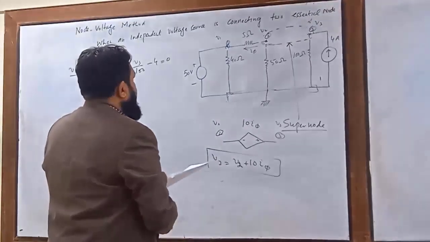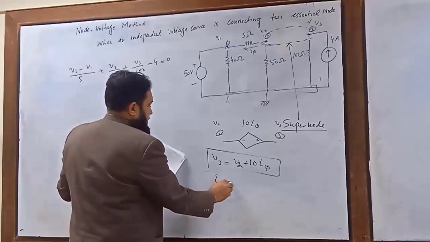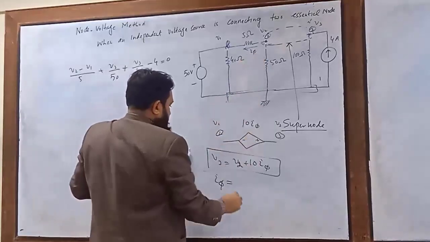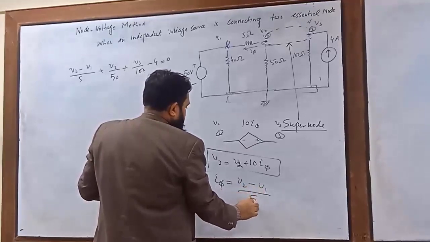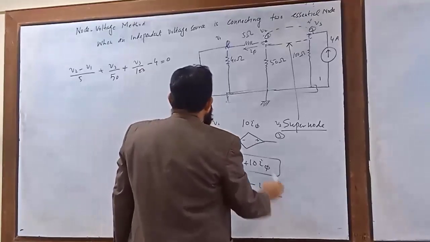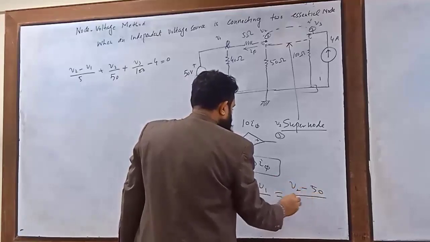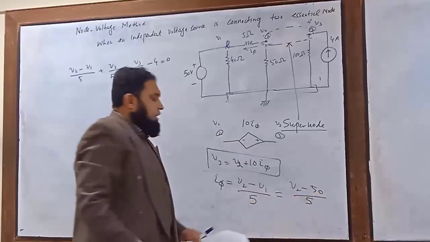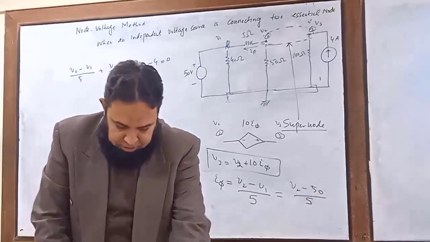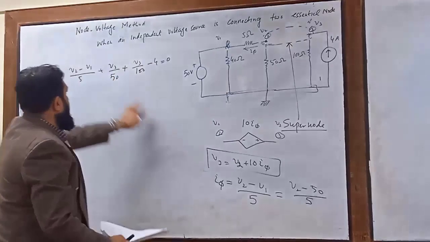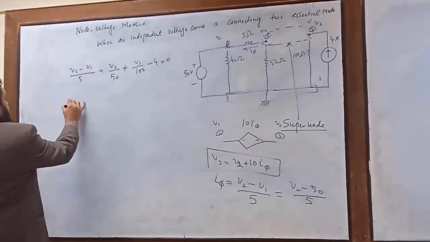And what about I5? I5 is here (V2 minus V1) divided by 5. So V1 is 50 volt, so (V2 minus 50) divided by 5. Now we have all the substitutions, and we can simply substitute all these over here and write the expression again.